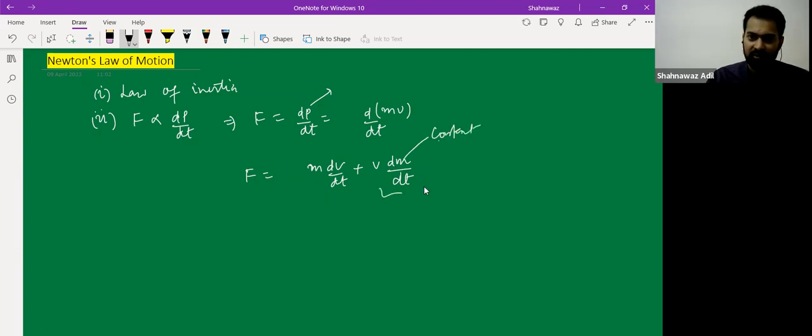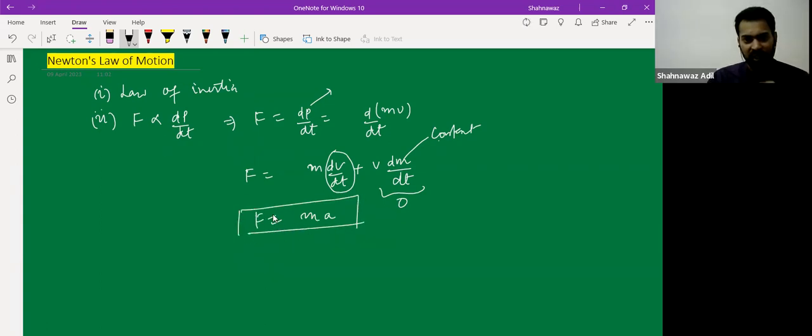So this is 0. And we already know what dV by dt is. This is acceleration, so that is how you get F equals m a. And the direction of force is in the direction of acceleration, right?